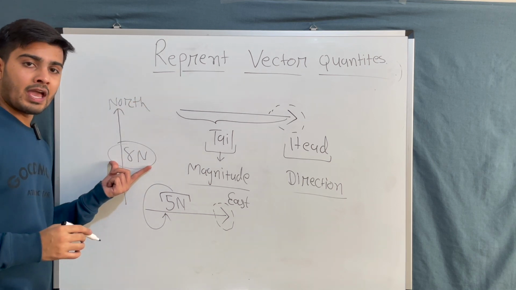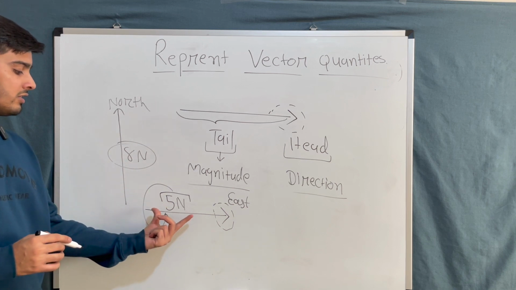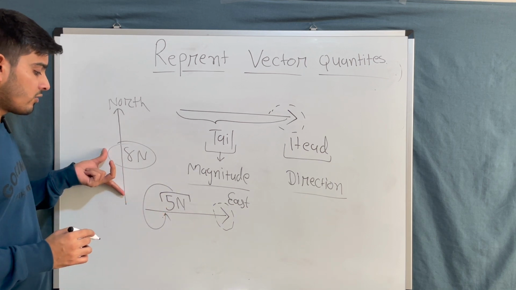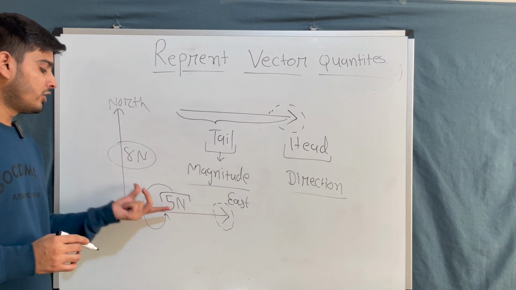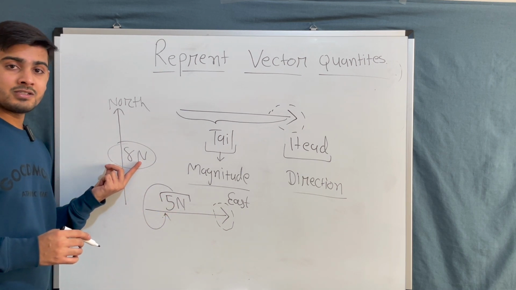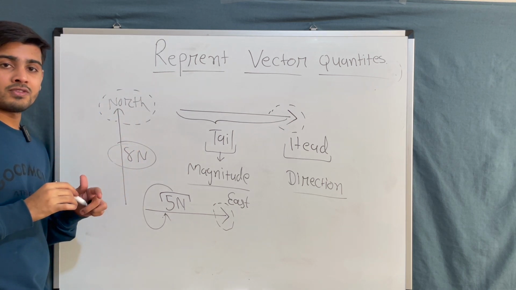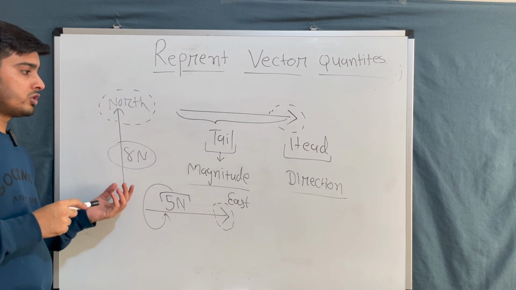The length of the arrow shows you the magnitude. We can see the length of this arrow and this arrow is different because magnitude is different. As we increase the magnitude, length will increase, and this head region shows you the direction of the vector quantity which is towards north.